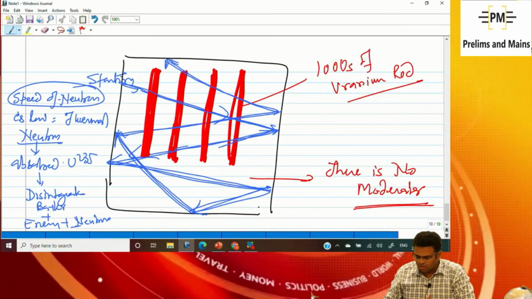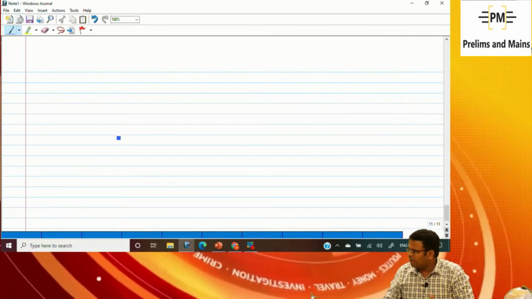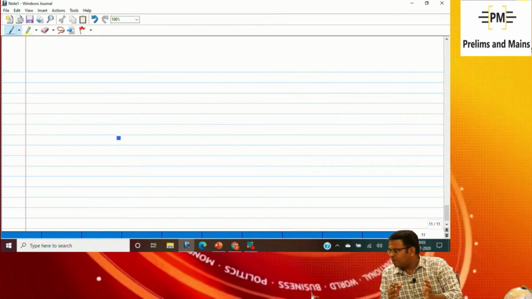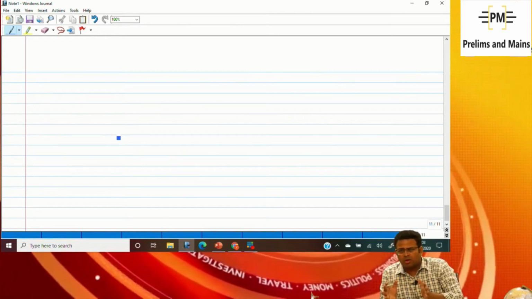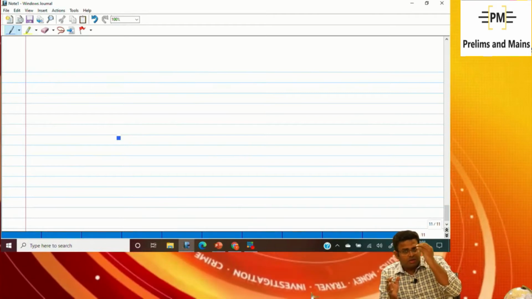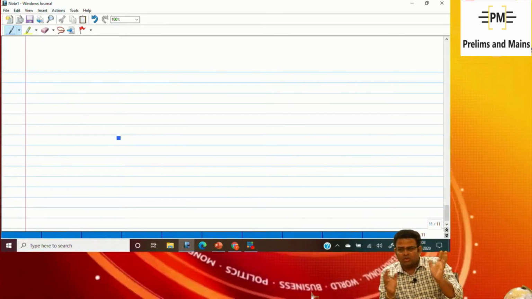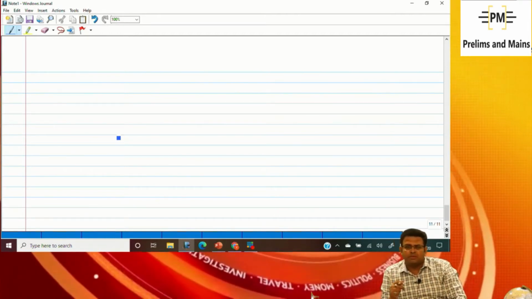Yes or not? Perhaps everyone is clear. Do not worry whether you are able to answer or not. Perhaps somewhere you have an idea that sir has made this figure and there is no moderator, but I have to reduce the speed. Then how to reduce the speed?